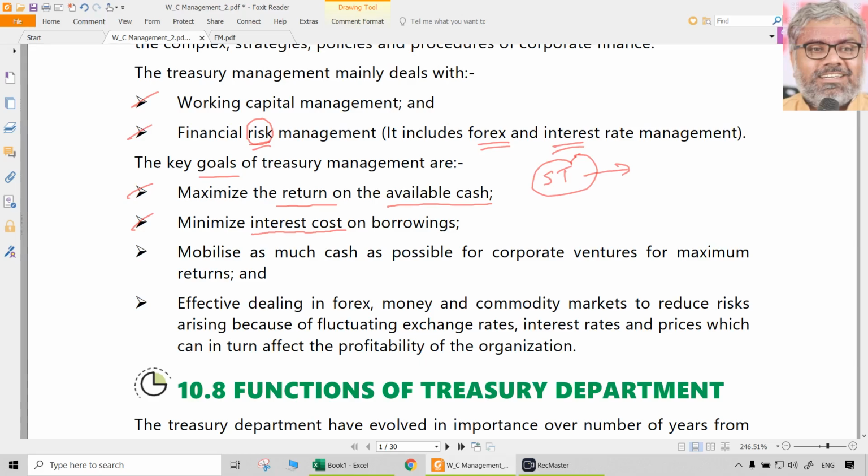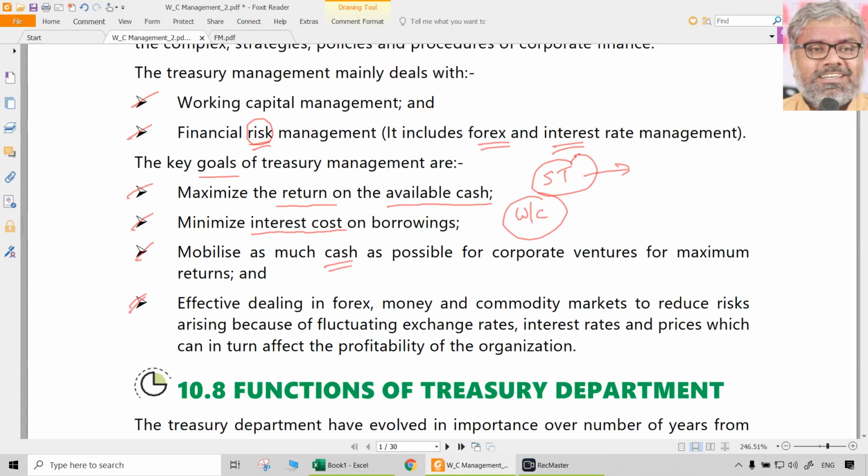But the borrowings normally taken in the form of working capital loans, on those better interest rates have to be negotiated, and that will be done by the treasury function. And mobilizing as much cash as possible for the corporate ventures for maximum returns. So naturally mobilizing the funds is one of the key goals of treasury management.